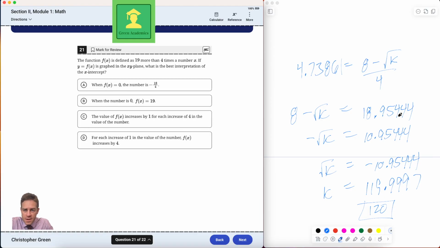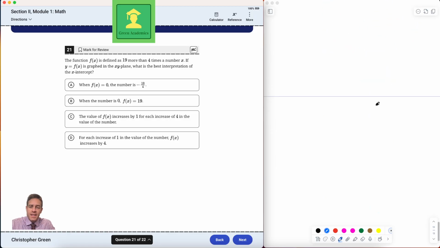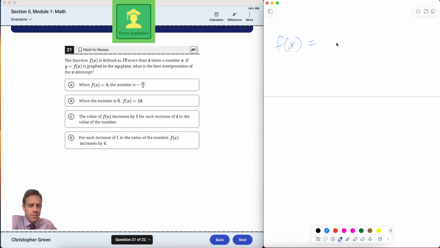The function f of x is defined as 19 more than 4 times the number x, as in f of x is 19 more than 4 times the number x, which is 4x plus 19. If y equals f of x is graphed in the xy plane, what is the best interpretation of the x-intercept?